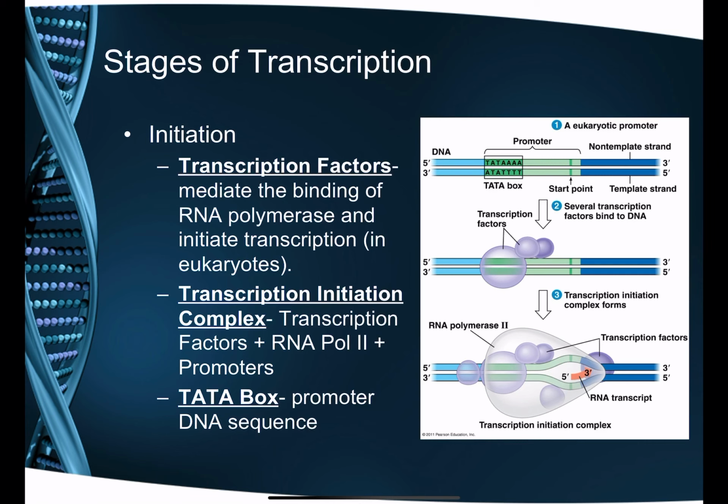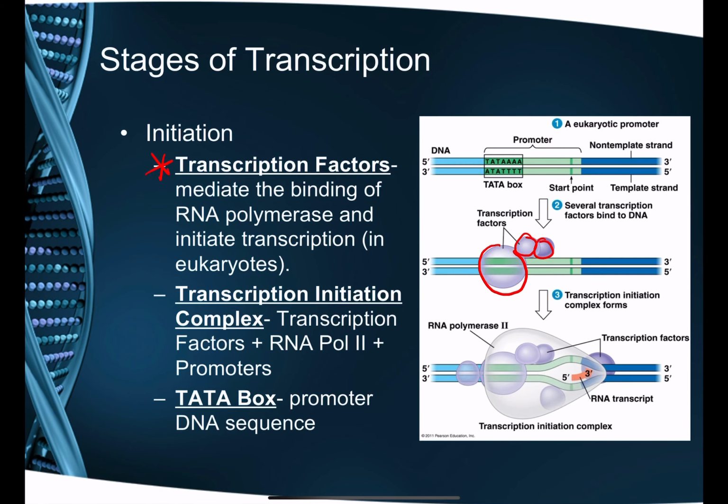So let's go through these stages together a little bit more in depth. Initiation starts with some proteins that are referred to as transcription factors. You see them here in this diagram. If the transcription factors are not there, polymerase cannot bind, okay? The transcription factors must be there for polymerase to bind.